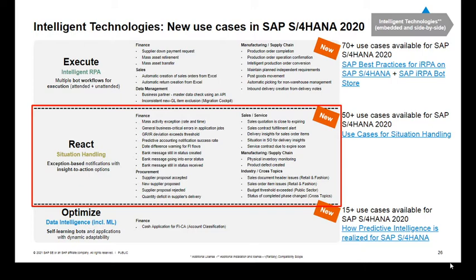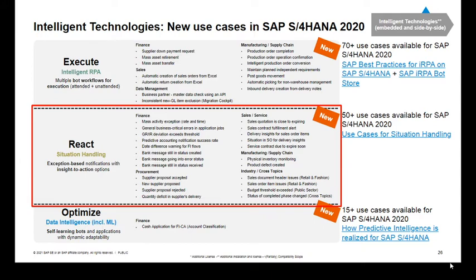We also have situation handling capabilities in finance, procurement, sales, manufacturing, and more areas. And finally some in the optimization space, where we have data intelligence with machine learning, for example, in the finance space. There are several links in this deck, and later on, of course, this deck will be shared with you, and you will be able to explore more details by following those links.